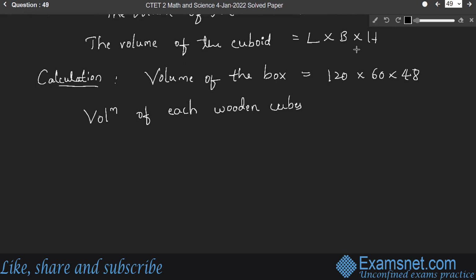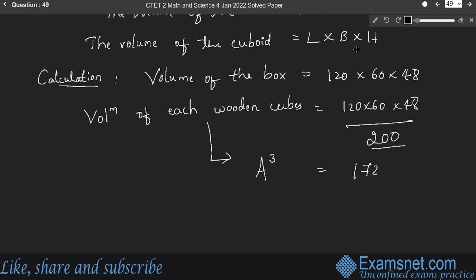Each wooden cubes, which is equal to 120 into 60 into 48 whole divided by 200, because there are 200 number of wooden cubes. Therefore, a cube is nothing but volume of each wooden cube. Therefore, a cube is equal to 1728 centimeter cube.